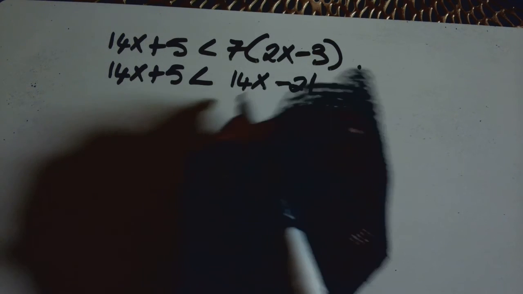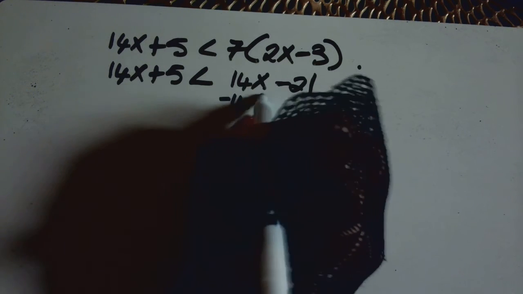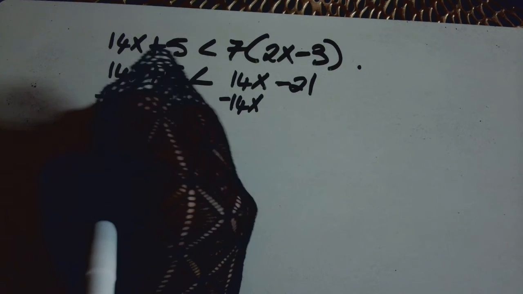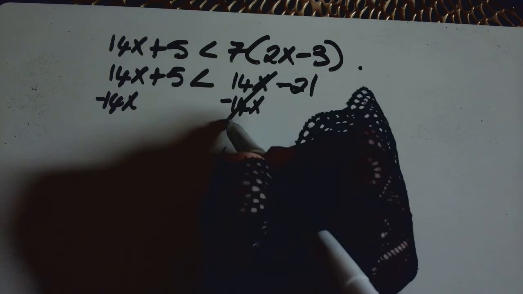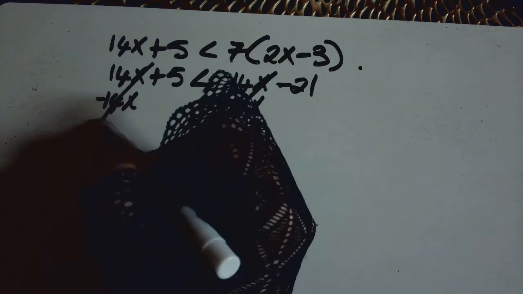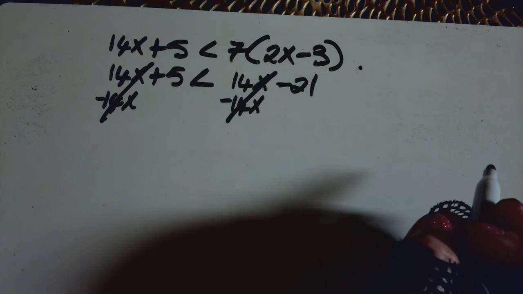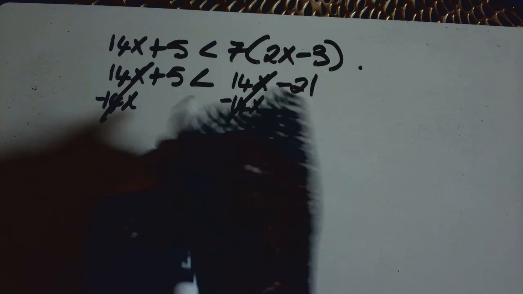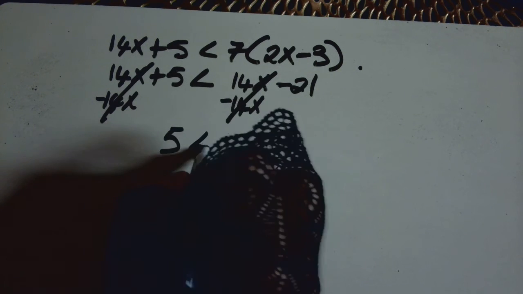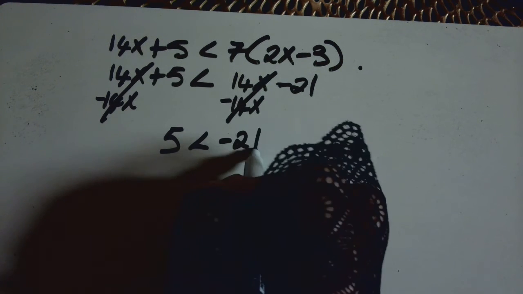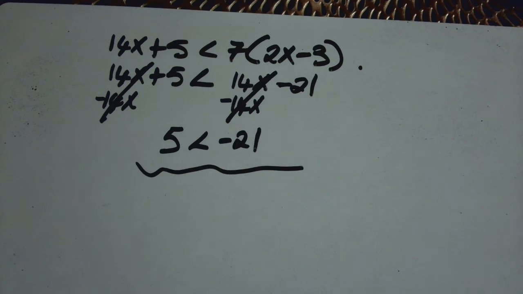So it does not matter which side I take negative 14x. I hope you realize you have the same thing on each side. So this is going to cancel the x's here, and this is going to cancel the x's here. But we're not done. Bring down what's left. 5 is less than negative 21. That is the statement I'm left with.